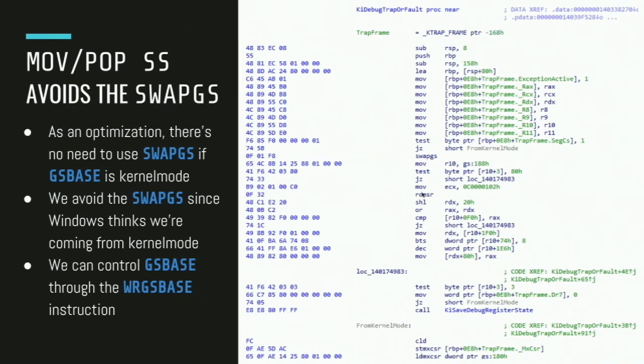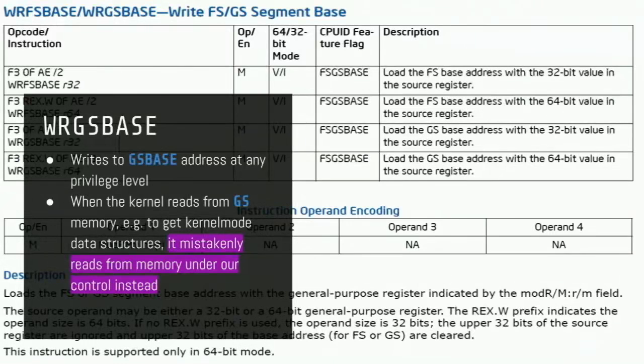Now, because we control the thread environment block, and GS is the thread environment block in user mode, and we've entered this from user mode, we could overwrite parts of that thread environment block to cause the CPU to execute code wherever we want. But we don't want to do that because that gets a little more complicated. What we can do is choose an arbitrary GS base, thanks to an instruction called WRGSBASE that lets you set any address there.